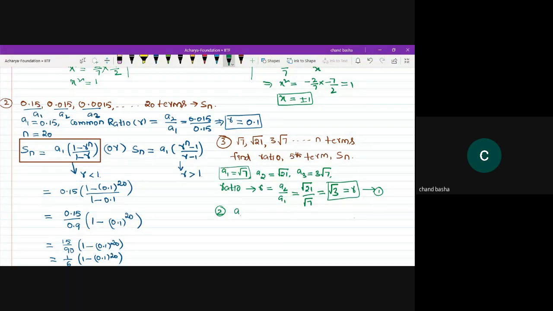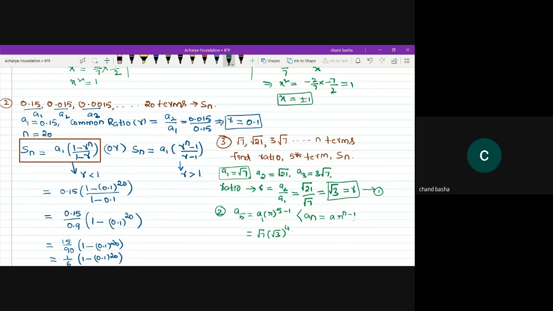Now A5, fifth term, is equal to A R power 5 minus 1, because the general term formula An is equal to A R power n minus 1. So A5 is equal to, because he's asking fifth term, A value is A1. A1 is root 7. R value is root of 3 whole power 5 minus 1, that is 4.